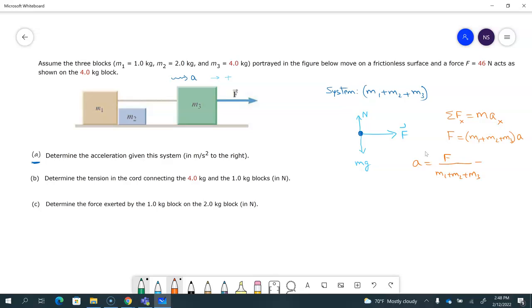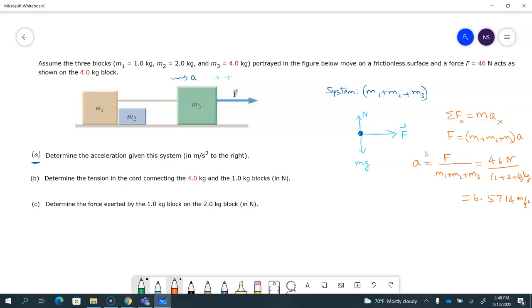So I can just substitute and calculate. This force is 46 newtons, divided by the sum of the masses. So that's 1 plus 2 plus 4 kilograms, which is 7 kilograms, right? If I divide 46 by 7, I get 6.5714 meters per second squared.